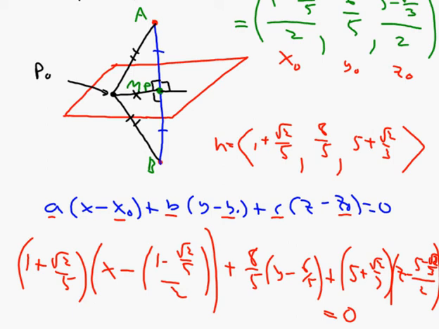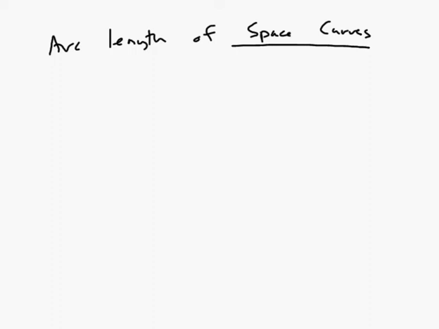So we're going to switch gears a little bit. We're going to go back to vector valued functions, and I want to talk about how to find the length of these things. So we'll title this arc length of space curves. Okay? All right.